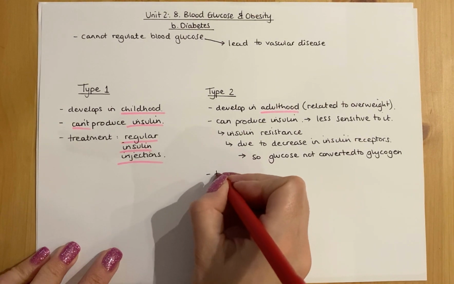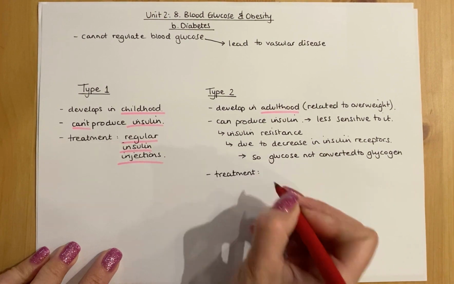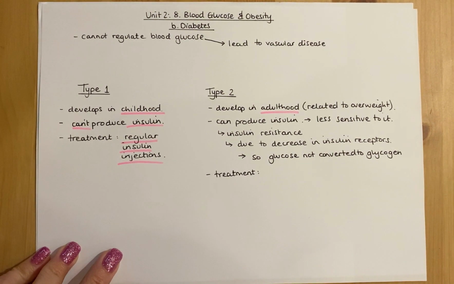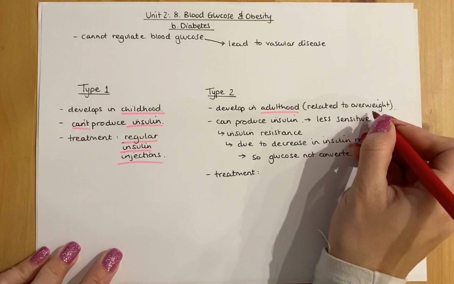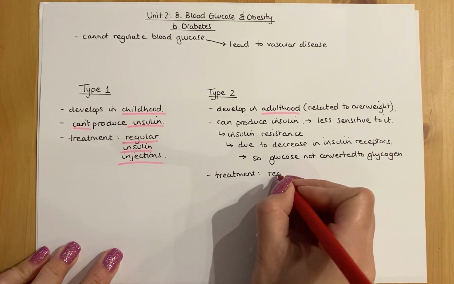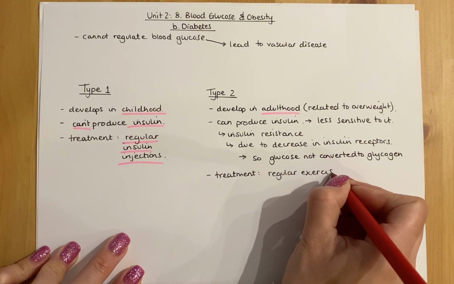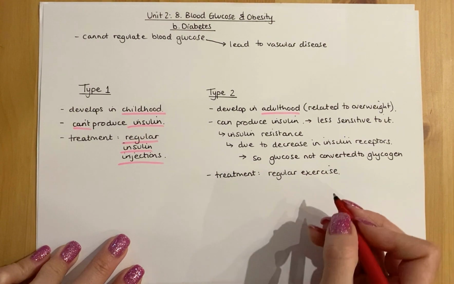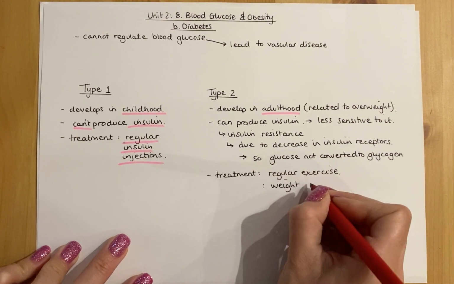So the treatment for this is not the same as type 1, because these people can produce insulin, they're just not sensitive to it. Because it's related to being overweight or obese, we have regular exercise, which can decrease their body weight but also will burn off some of the glucose. Weight loss, which is related to that previous one.